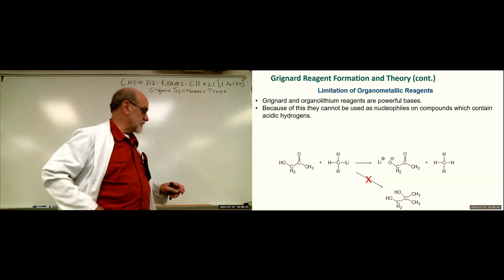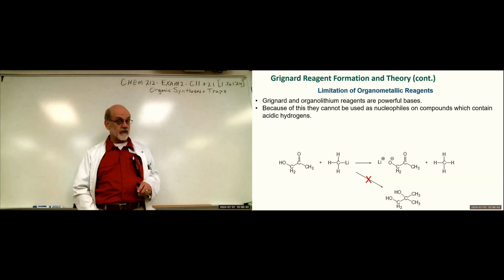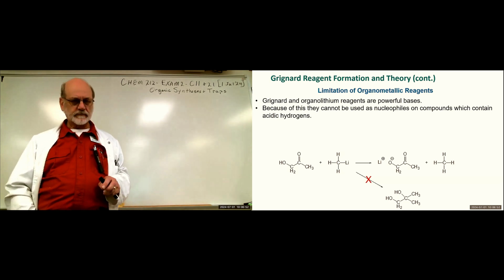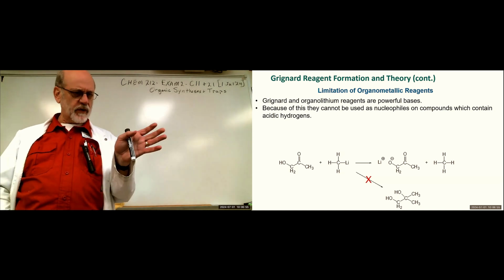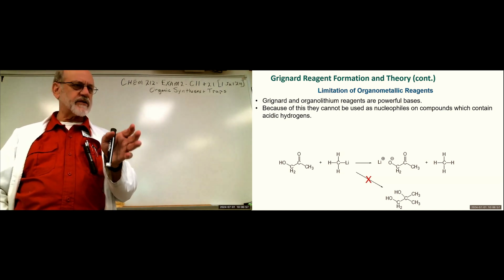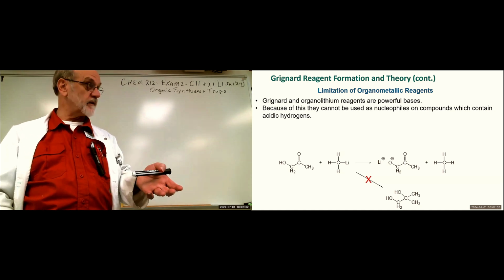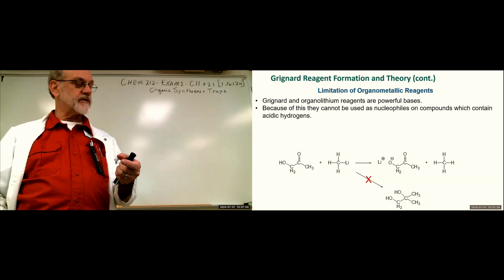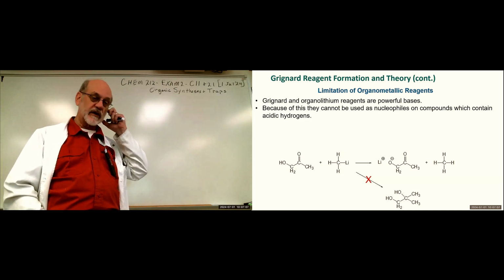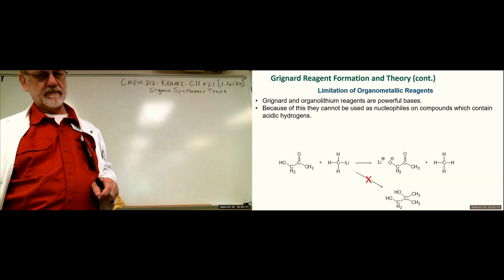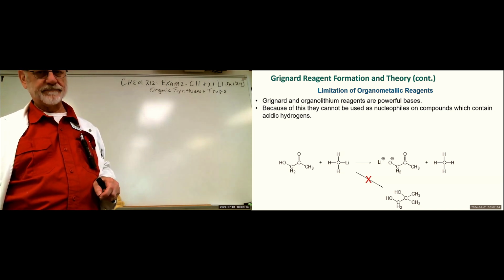So what we're going to look at in chapter 21 is, if you want to use a Grignard reagent, how do you protect yourself from that undesirable reaction? One way is to go through a previous reaction that attaches a protecting group on that oxygen in this case. Then you complete the reaction and then you remove the protecting group and reconstitute the acid group.